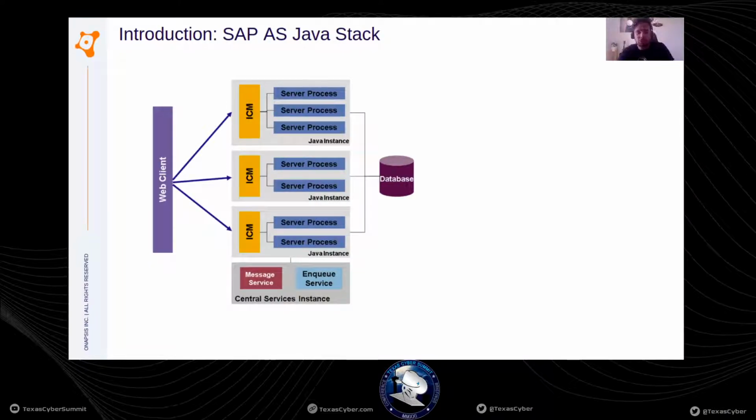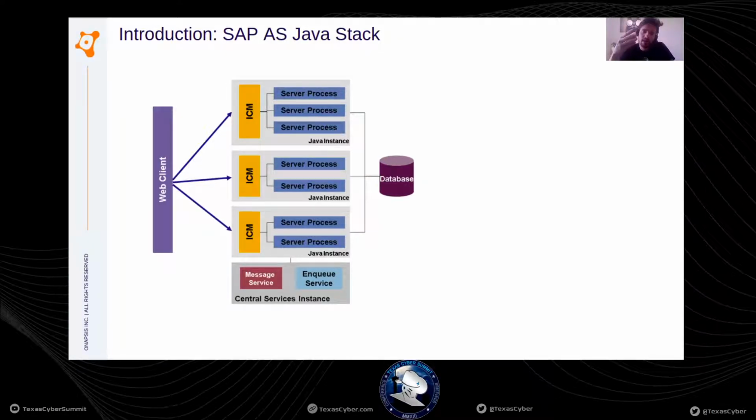From an architecture point of view, this is what a Java application server looks like. We can see there that we have two different types of instances within Java: the central instance and the Java instance. The central instance is unique per system, so in every system we have only one central instance, and we have particular processes running in that central instance. Besides that, we have multiple Java instances, as many as you want. Inside each of the Java instances, we will have some different processes.